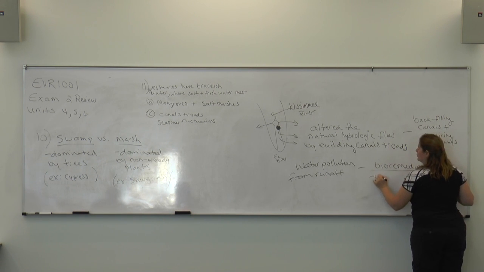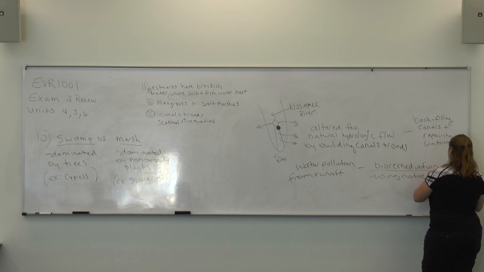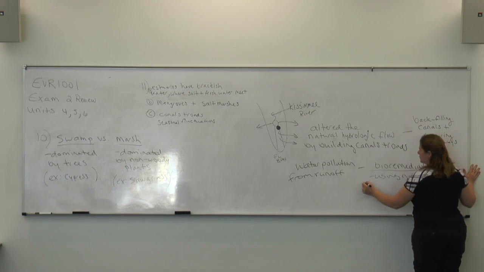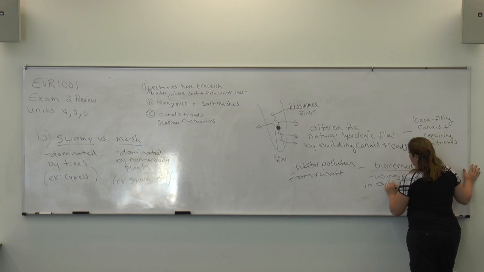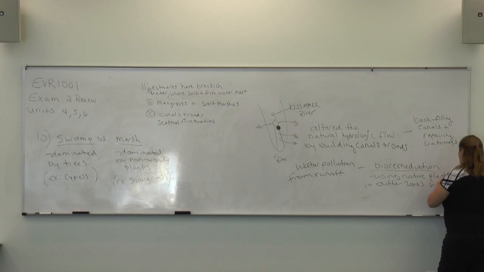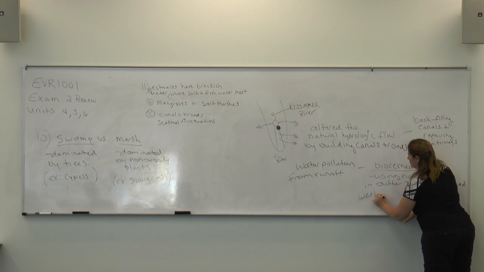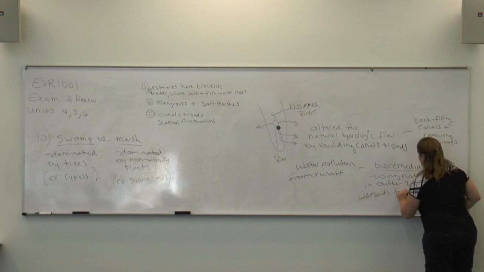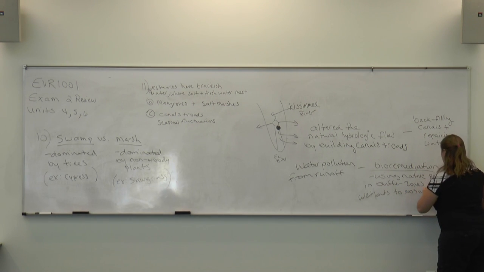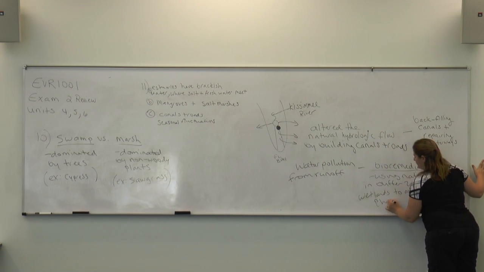Bioremediation. Using native plants in buffer zones and constructed wetlands to absorb excess phosphorus.